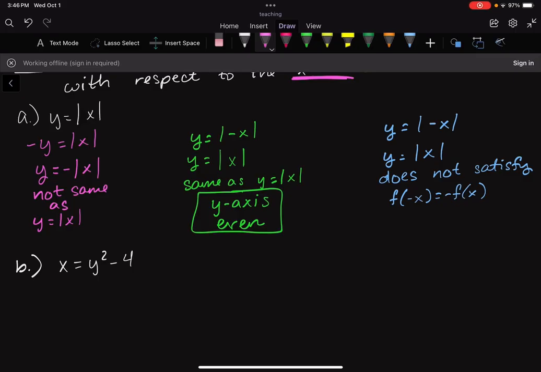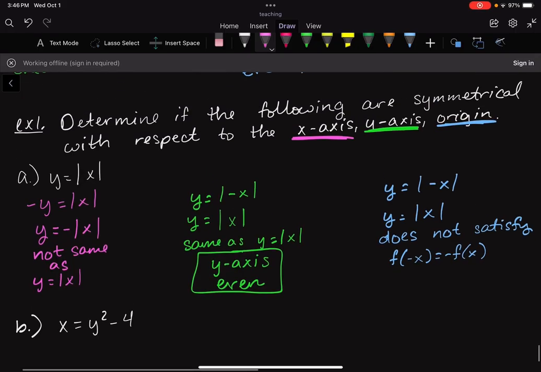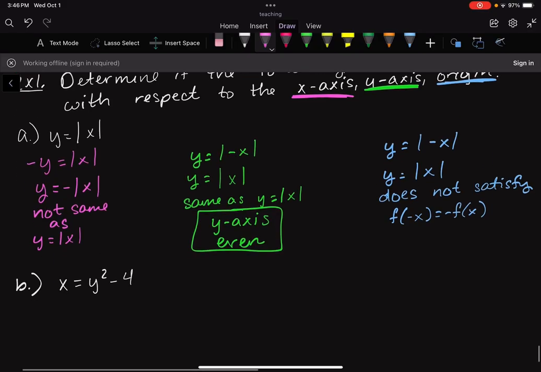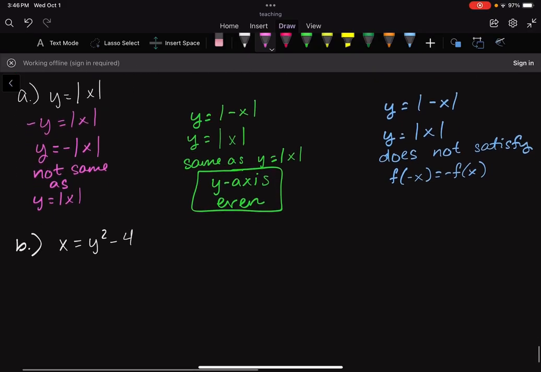So to see if it's symmetrical about the x-axis, I'm going to go ahead and make my y value negative. What I'm trying to see here is this happen, right? My negative y should be the same as if I plugged in a positive y.